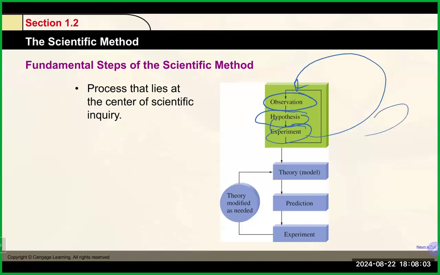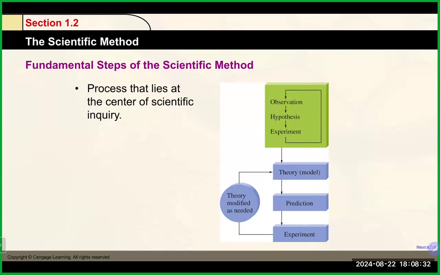It can become a vicious loop, also known as your graduate research, until you're done and graduate from college. But hopefully what comes out of it, at some point, is one of two things: either a theory or a law.